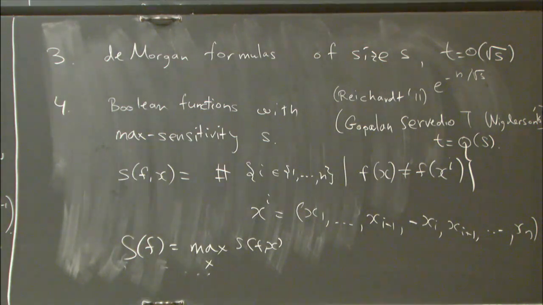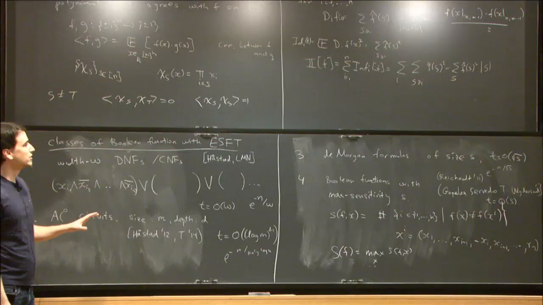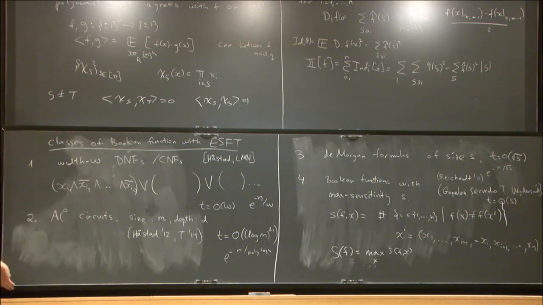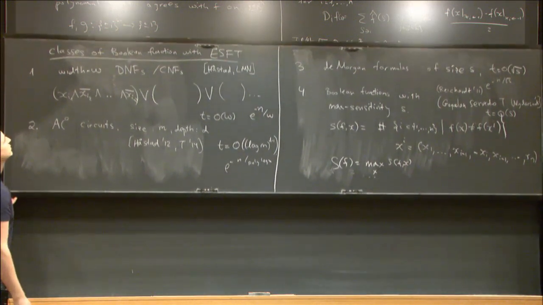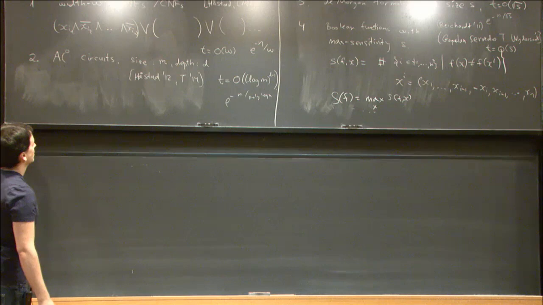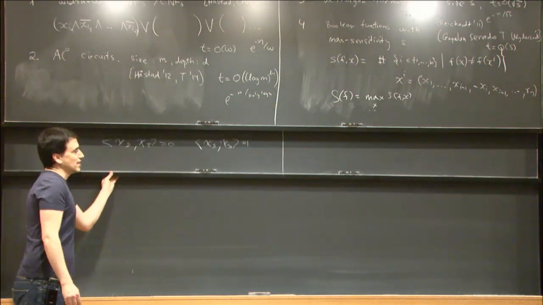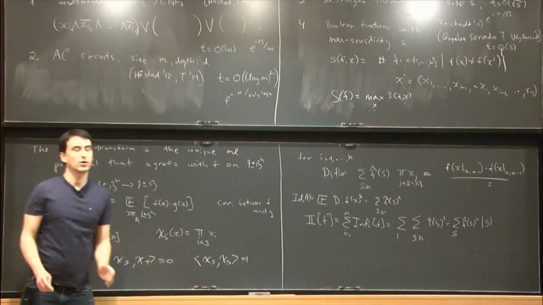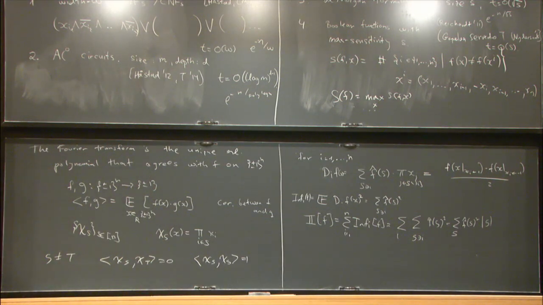I want to mention what is equivalent to small tails. This is something which may be more intuitive. Having small tails is equivalent to having a low degree approximation.